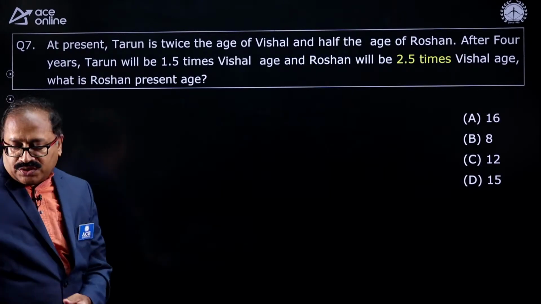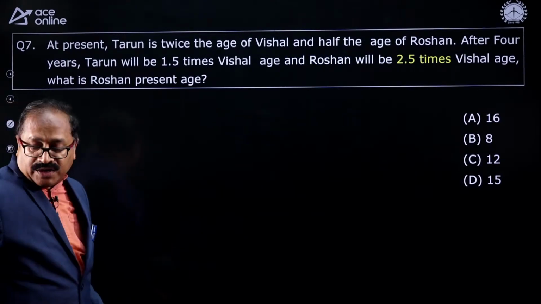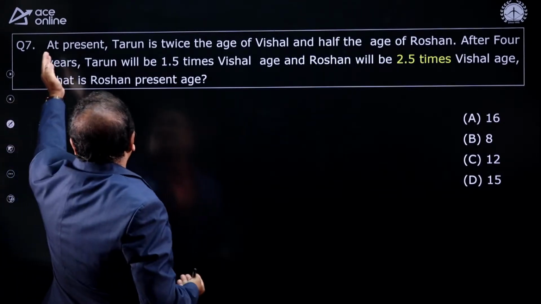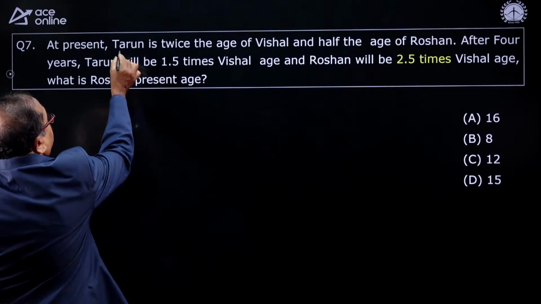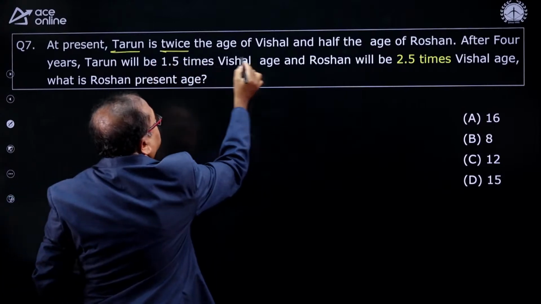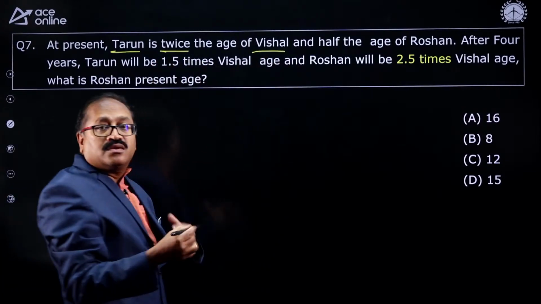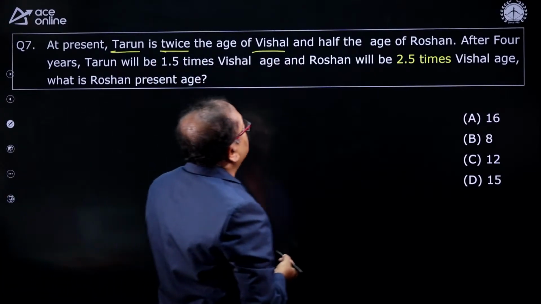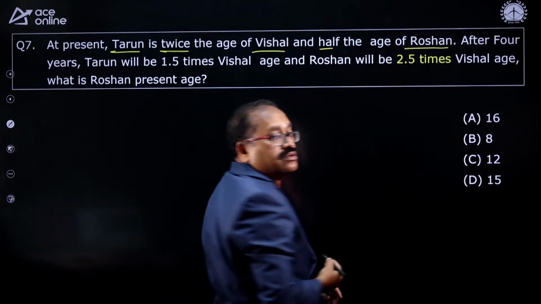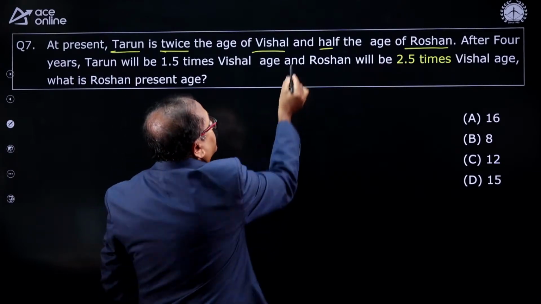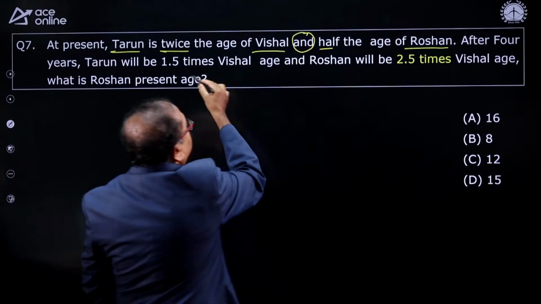Okay, next question. Look at this. What is this next question all about? At present, Tarun is twice the age of Vishal. So we have the ratio of Tarun and Vishal. And half the age of Roshan. So the same ratio is continuing.